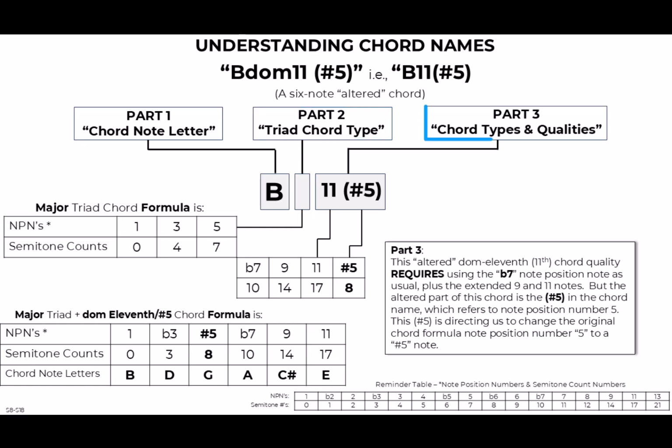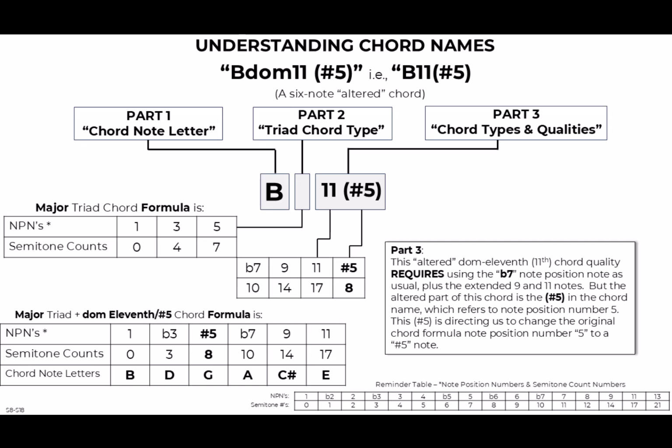For part 3, the number 11 identifies this to be a dominant 11th chord quality, thus requiring the dominant quality flat 7 note, the 9 quality note position note, and of course the 11 quality note position note. In addition, we also see that we need to "alter" the original triad formula 5 note position note and make it a sharp 5 note.